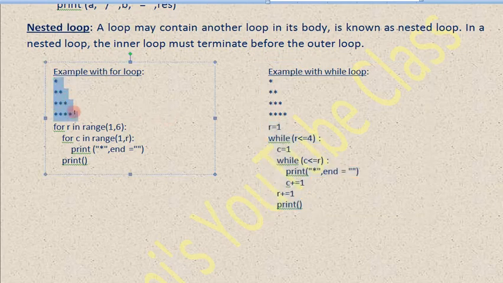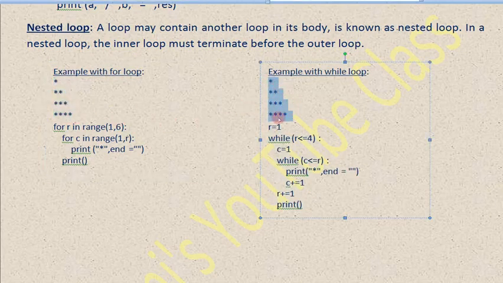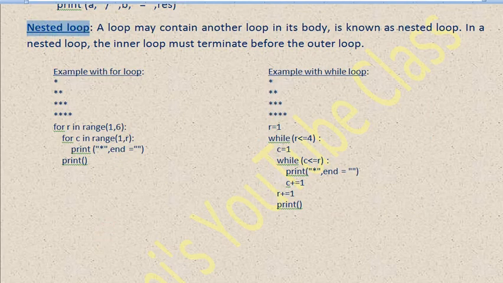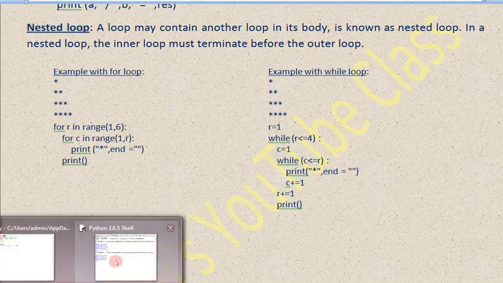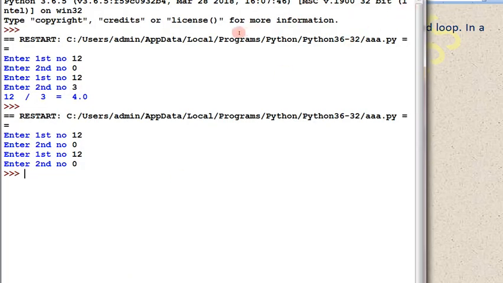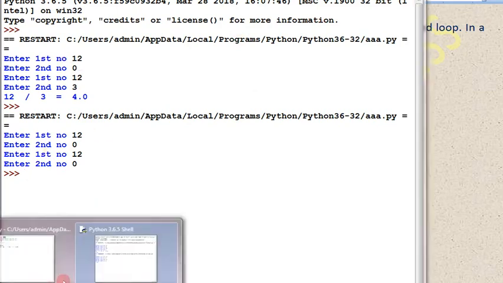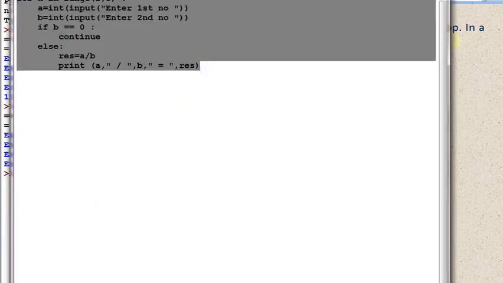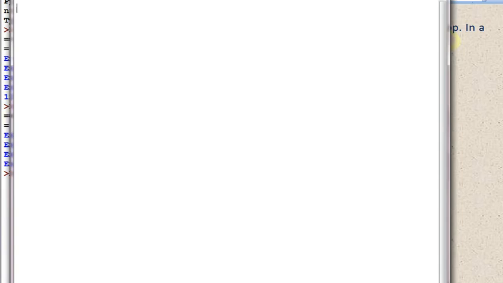Before we see that, how many rows are there here? There are 4 rows, and here how many rows do we have, the same diagram, 4 rows. So we will try the nested loop in the editor and see how it presents the result. So let's go to the program and write the programs. This is the editor where we can write the program.